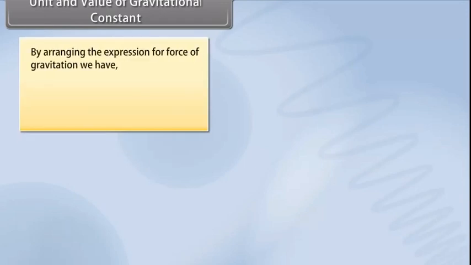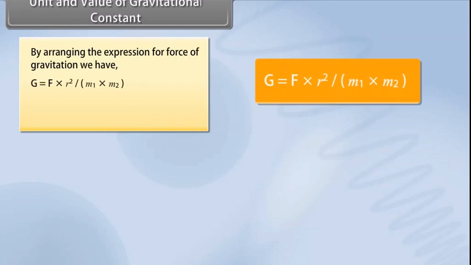Unit and value of gravitational constant. By rearranging the expression for force of gravitation we have G is equal to F into r square upon m1 into m2. SI unit is Newton meter square per kilogram square.